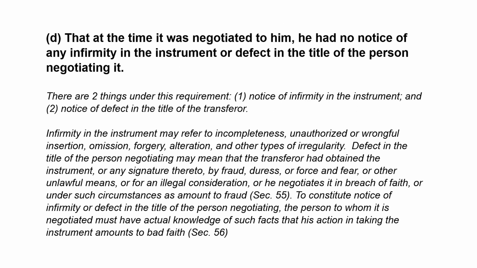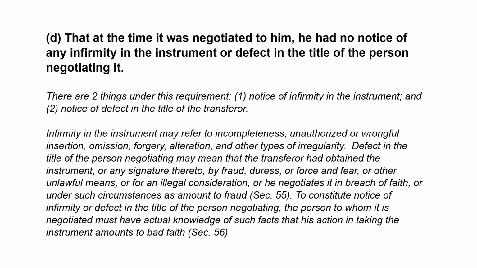Paragraph D, that at the time it was negotiated to him, he had no notice of any infirmity in the instrument or defect in the title of the person negotiating it. Again, under this requirement, there are 2 things to consider: notice of infirmity in the instrument and notice of defect in the title of the transferor. Yung number 1, notice of infirmity, related ito sa letter A, that it is complete and regular upon its face.